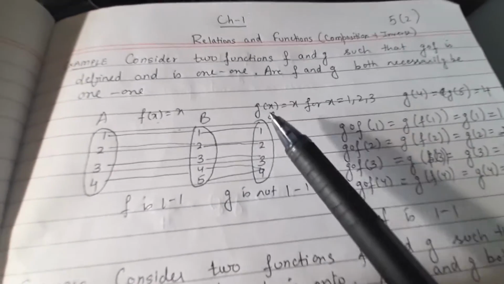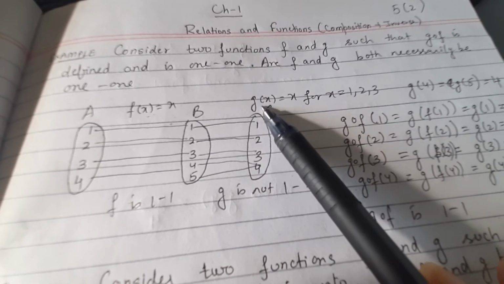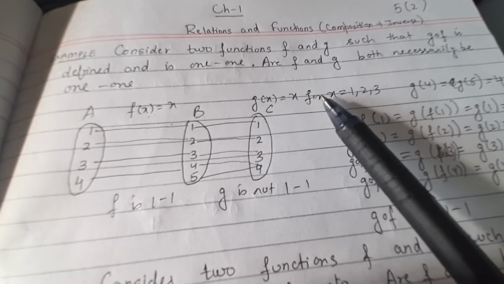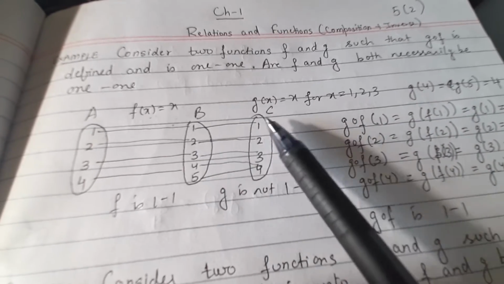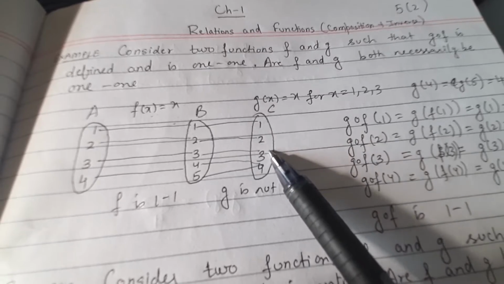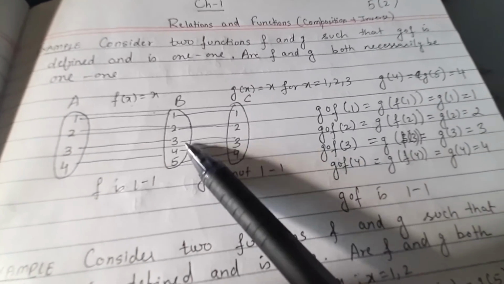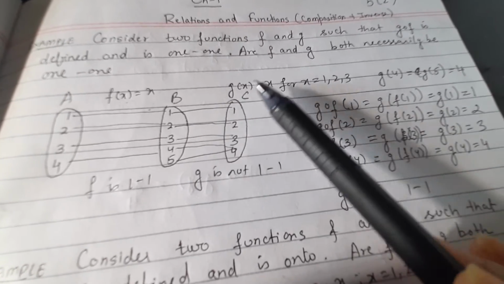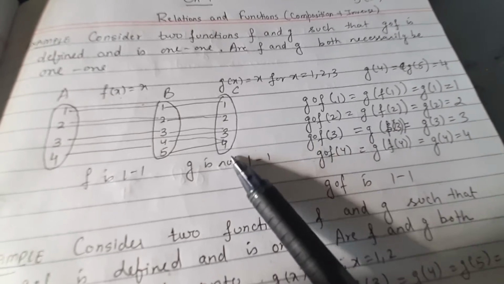Now another function g is defined from B to C such that g(x) = x for x = 1, 2, 3. That means g(1) will be 1, g(2) will be 2, g(3) will be 3. But g(4) and g(5), because 4 and 5 are also there, g will be from B to C, so g(4) and g(5) will be equal to 4.